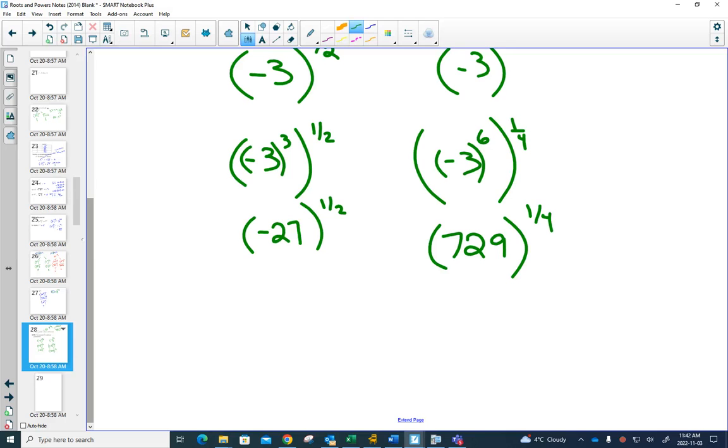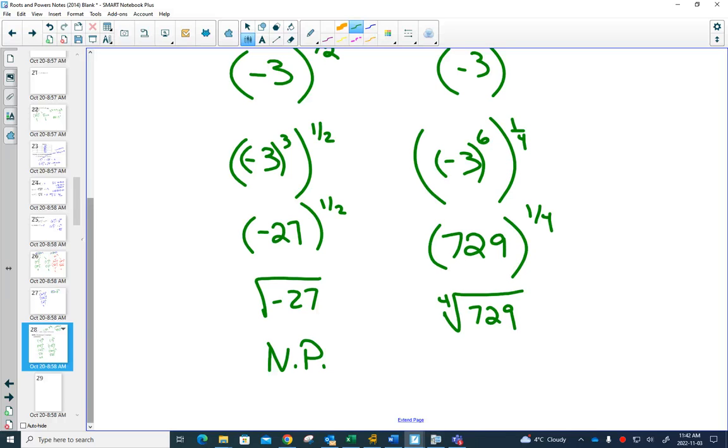This is the square root of -27. This is the 4th root of 729. What's going to happen if I type this into my calculator? It's going to give me an error. I can't take the square root of a negative.